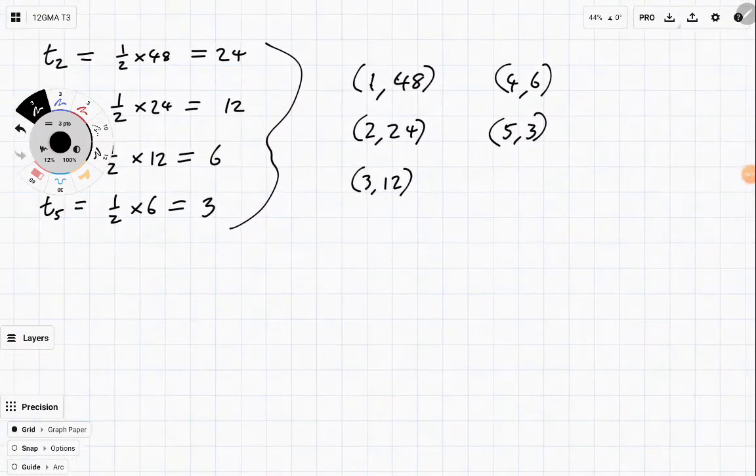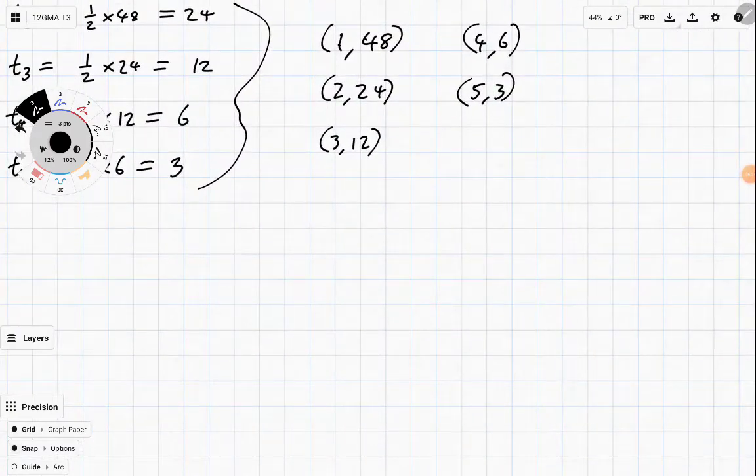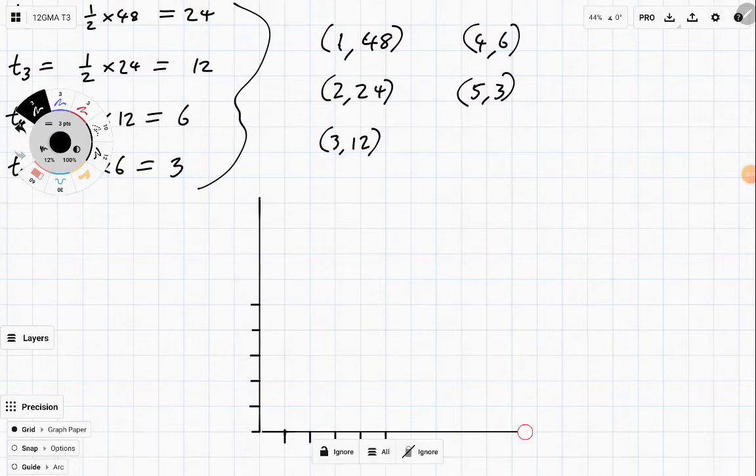But once again, quick graph, 20, 40, 50 on the y-axis, and then 1, 2, 3, 4, 5 on the n-axis, and this is our Tn axis.